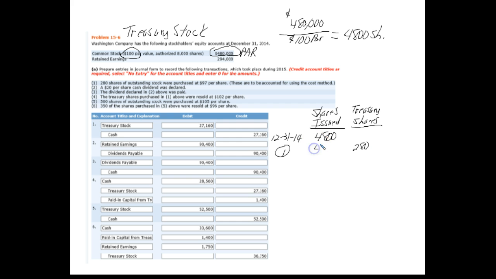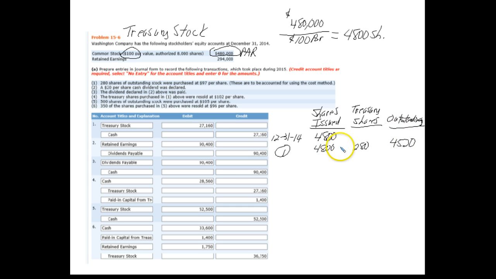So there are still 4,800 shares issued. Of those issued, 280 now are coming back in the Treasury. So now let's look at outstanding shares. The outstanding shares, 4,800 minus 280, would be 4,520 outstanding. And we're going to schedule these out because only outstanding shares receive dividends.